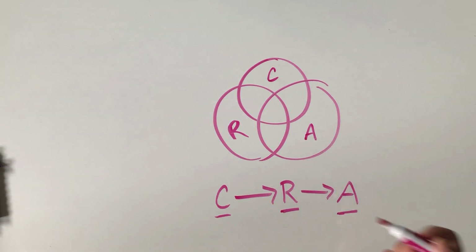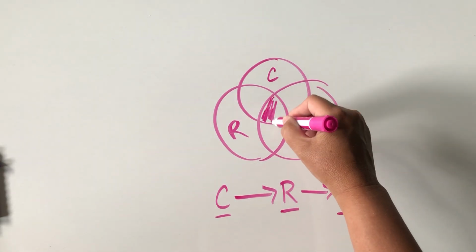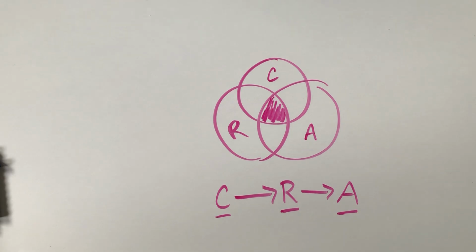Because if you can incorporate some concrete experience, some representational activities, and some abstract into the same lesson, you are really helping to maximize the potential that your kids have to build their understanding of this strategy.